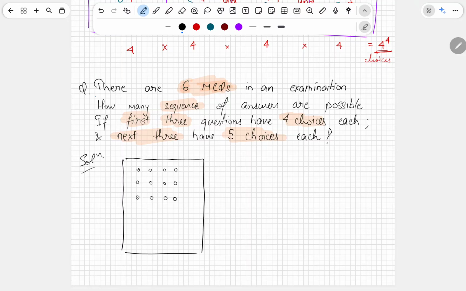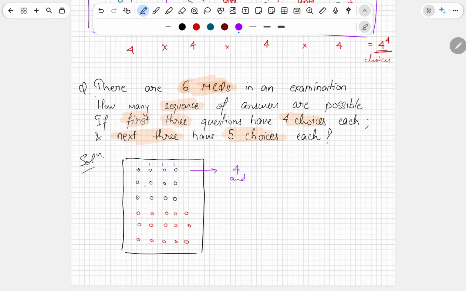Now this says next 3 have 5 choices. So now next 3 questions have 5 choices. Now the next question has 5 choices, another question has 5 choices, and another question has 5 choices. Now we are asked how many sequence of answers are possible. So in order to attempt the first question, how many choices do I have? 1 plus 1 plus 1 plus 1, that is 4 choices.